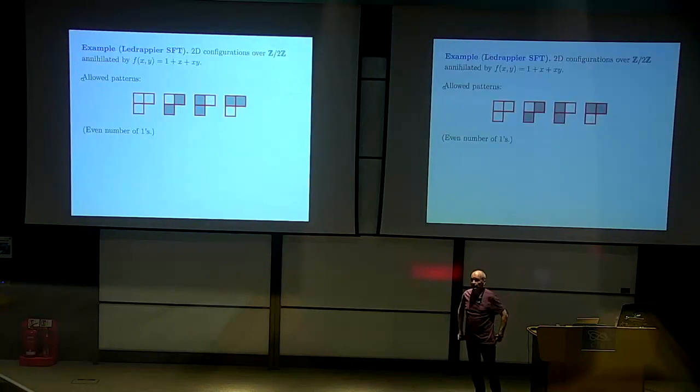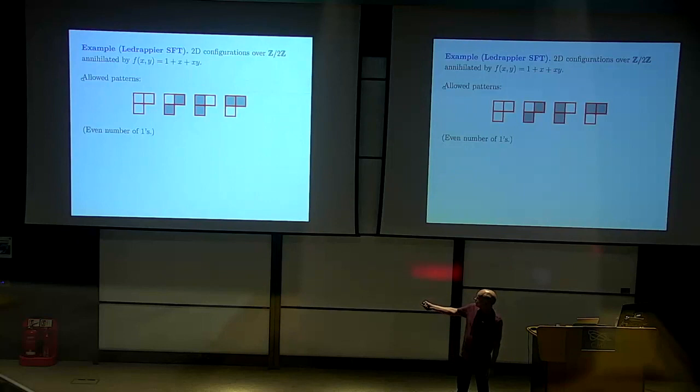Okay, so maybe I have time to show you how we might use this theorem. It's just an example of how we might apply it. In multidimensional symbolic dynamics, there's this quite famous subshift of finite type called Ledrappier, also known as the three-dot system. Here you take those configurations where you have two colors, let's say white and black, and you take those configurations where you always have an even number of black cells within such a triangular shape.